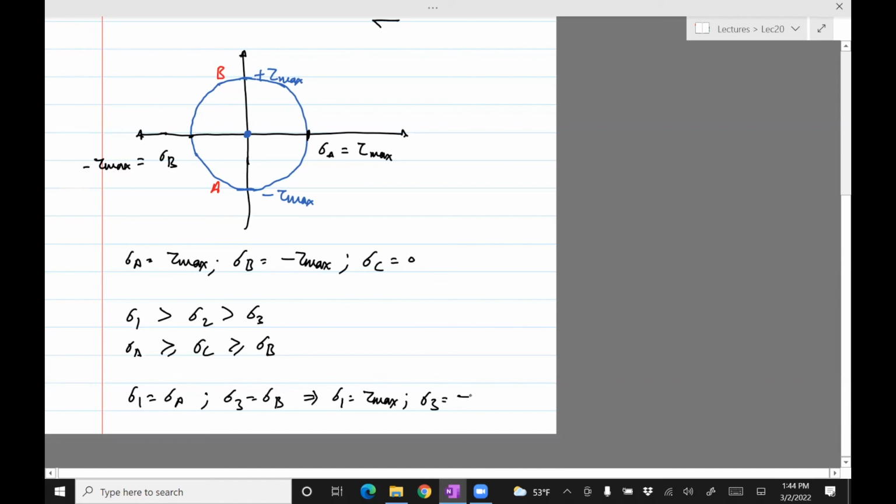Sigma 3 is minus tau max. Okay, so we've computed sigma 1 and sigma 3 now because we know what tau max is, it's just a matter of putting it in the equation now.